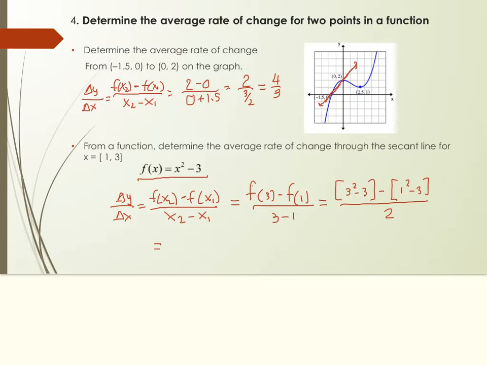Wow, lots of work, right? So 9 minus 3 is 6. 1 minus 3 is minus 2, all over 2. And when we do this, we get 6 plus 2, which is what? 8 divided by 2. And so our average rate of change is 4.